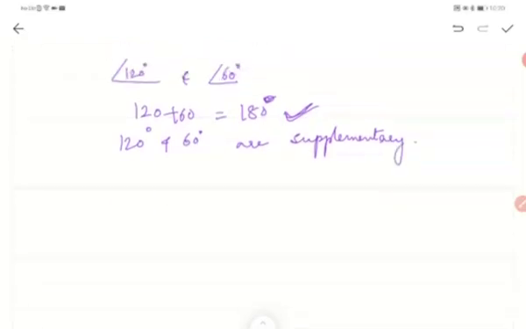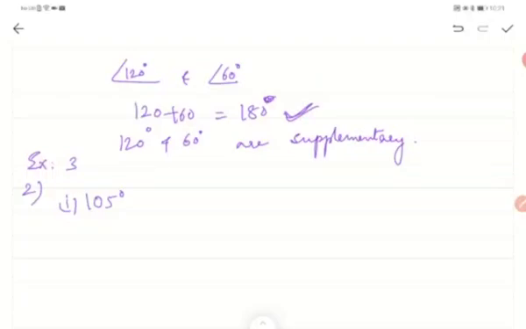Now I want to ask you a question. Like how we did for the acute angle, we will do one example. I have one angle as 105 degrees.